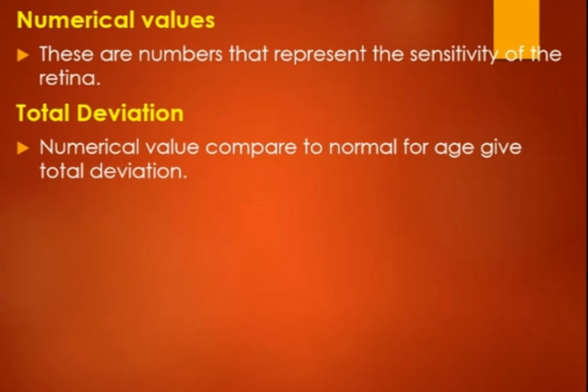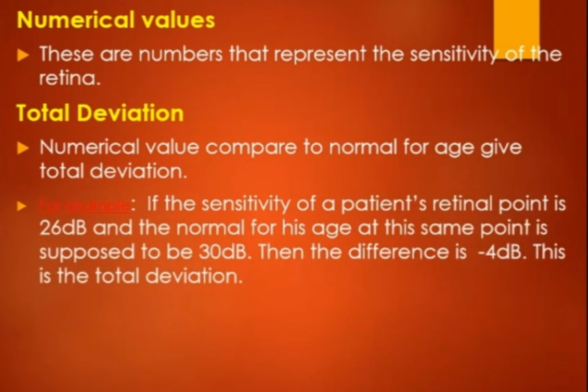Like I told us earlier, the machine has predetermined values gotten from millions of people within a particular age range. So the machine compares the values gotten from a patient being tested to the predetermined values in order to get the deviation. It can either be higher or lesser, if a patient is having a deficit compared to people within that particular age range.